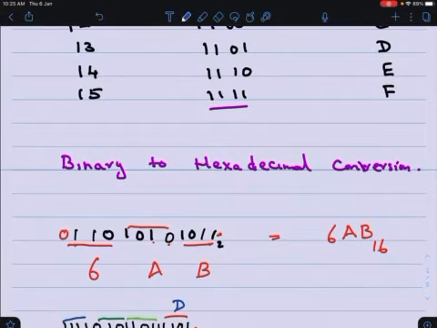That is again 1011, you have, see this 11, B. This is 0101, that is again 5, and this all fours are 1 means F. So my number is F5BD to the base 16.